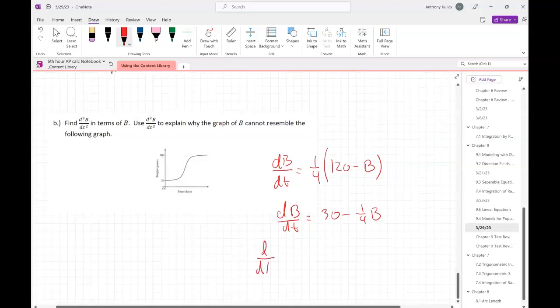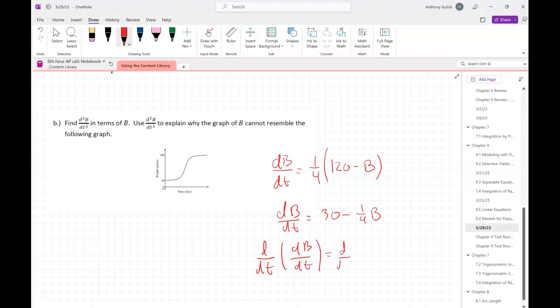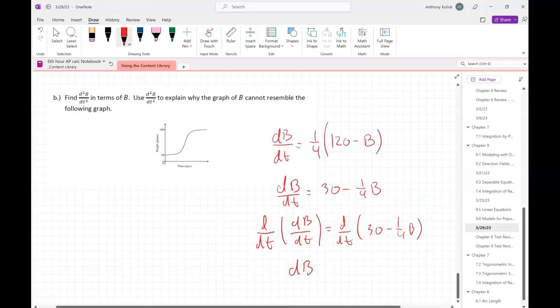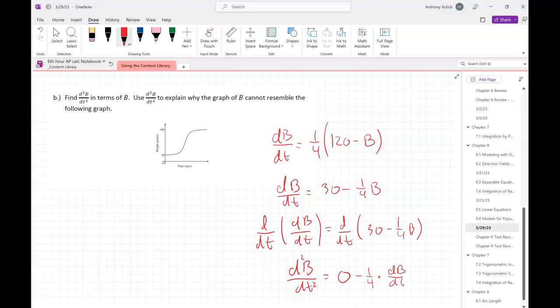And then if I differentiate with respect to t one more time, well, the derivative of 30 is just 0, and the derivative of 1/4 b with respect to t is just going to be negative 1/4 times dB/dt. Right?